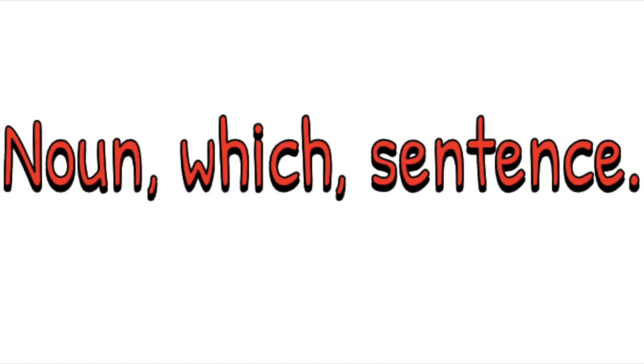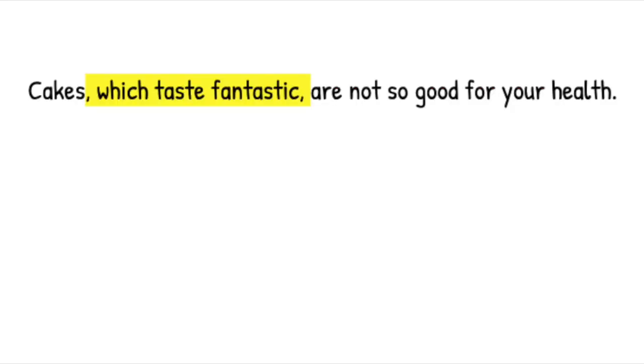Another example of a relative clause is a noun, which sentence. This is when you're describing an object. Let's have a look. Cakes, which taste fantastic, are not so good for your health. Which is the relative pronoun, and this is used to introduce relative clauses.